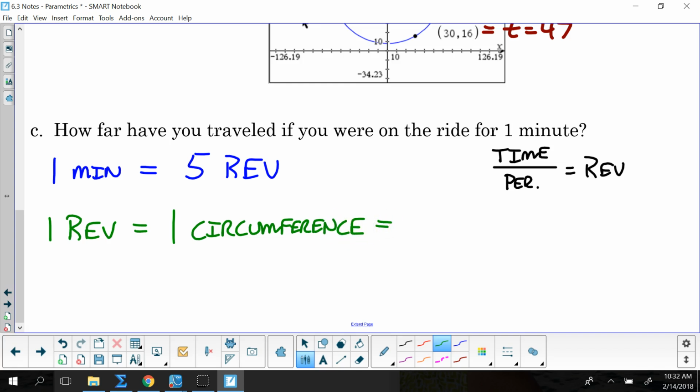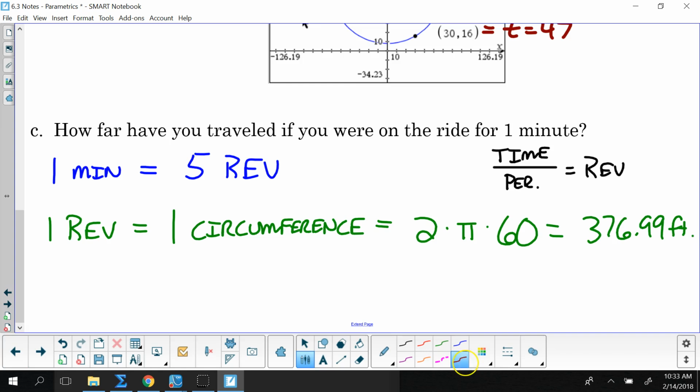What's the formula for the circumference of a circle? 2 pi times the radius, right? So that's 2 times pi times 60, which is 376.99 feet. So in 1 minute, I make 5 of those revolutions, correct?